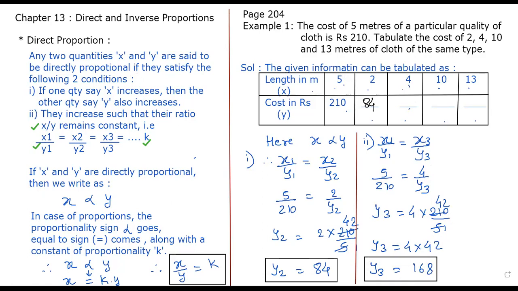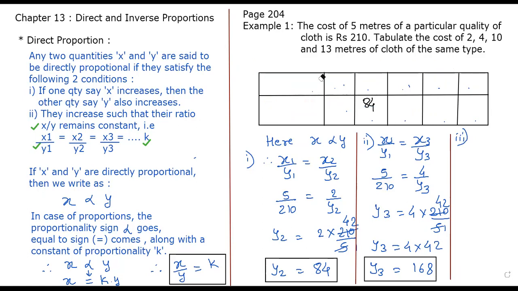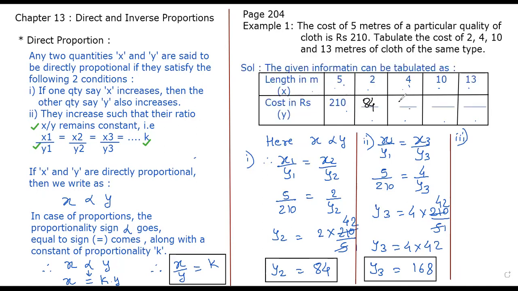Now you tell me, what should I write for number 3? Before that, with my pencil, I'll write here 168. For number 3, what should I put? Tell me. x1 upon y1 is equal to x4 upon y4. Correct?